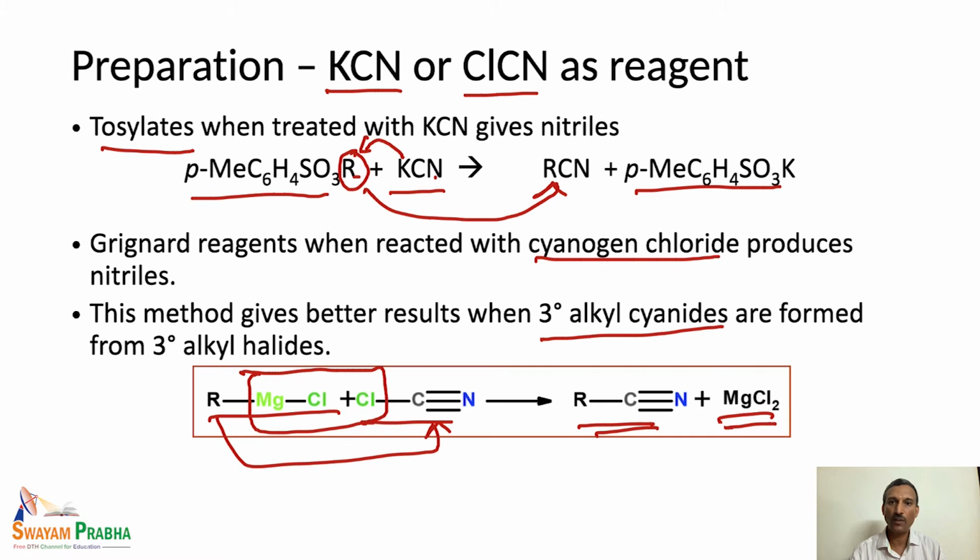In the previous case, from the preparation using alkyl halides, we have seen that alkyl halide treatment with KCN or NaCN does not give a good yield for the tertiary substrates, but this Grignard reaction is a much better process for preparing tertiary alkyl cyanides.